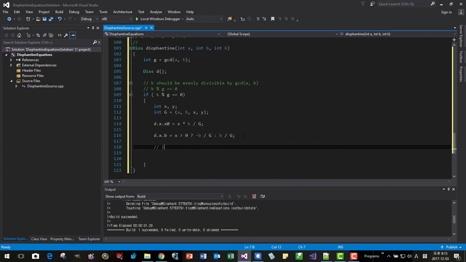And if x is, it means, okay, I will explain it.